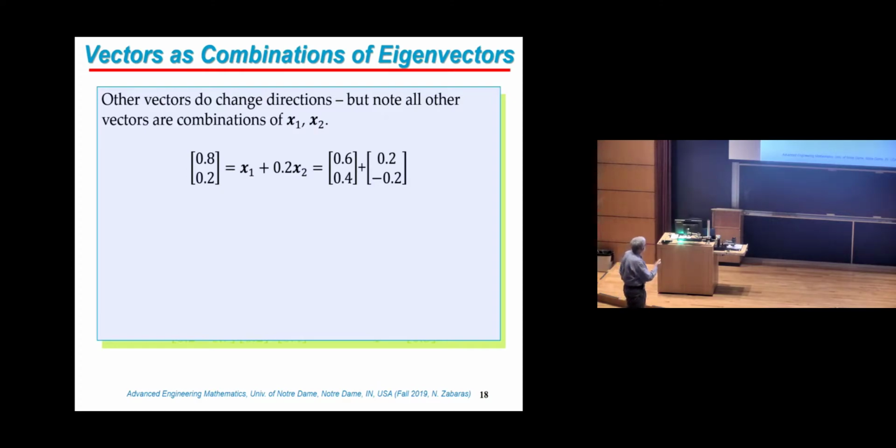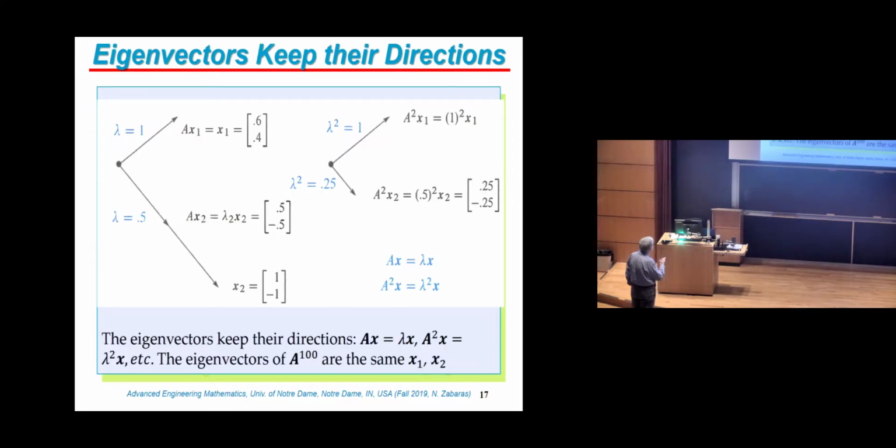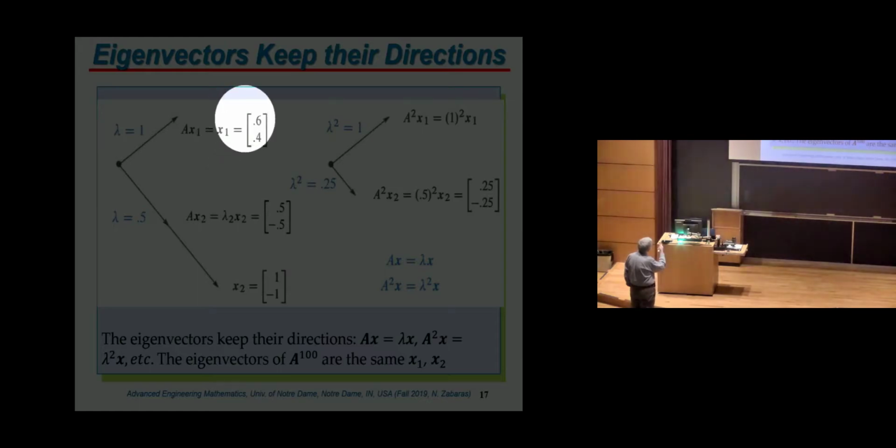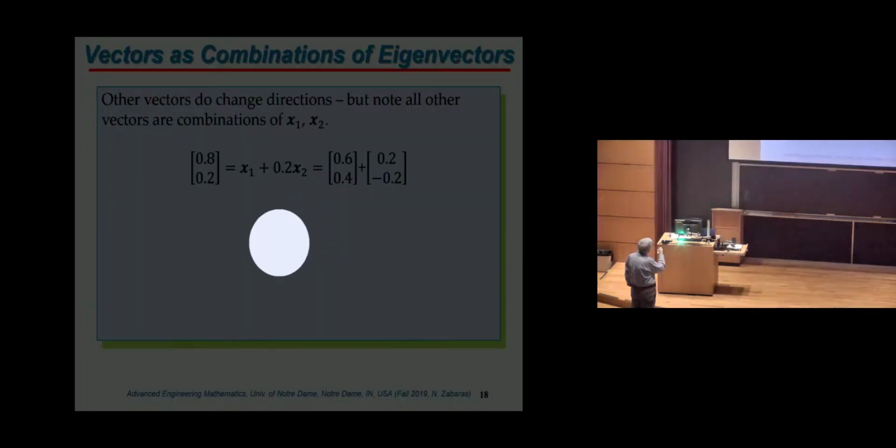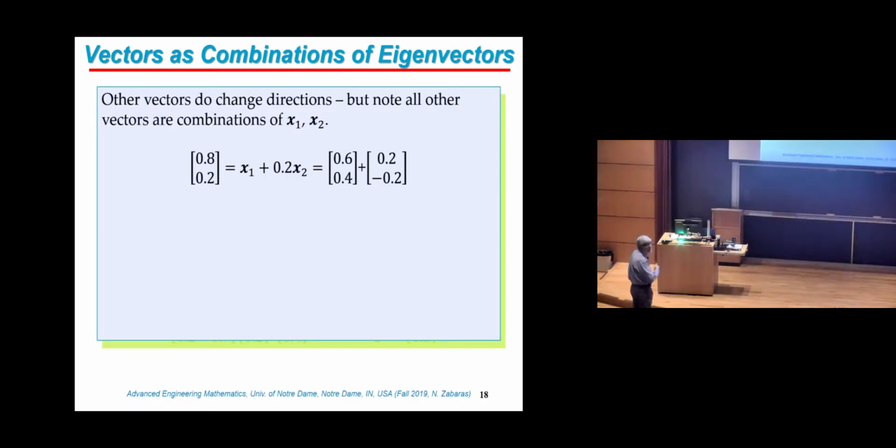And I forgot, what are the two? Anybody remember? OK, so remember, x1 is 0.6, 0.4, and x2 is 1, minus 1. Somebody write down 0.6, 0.4, 1, minus 1. So 0.6, 0.4 plus 1, minus 1 times 0.2 gives you that. So you can see this is 0.8 and 0.2, correct?